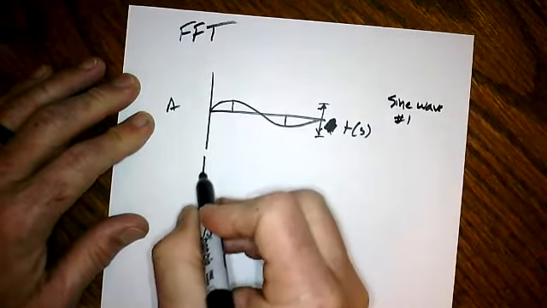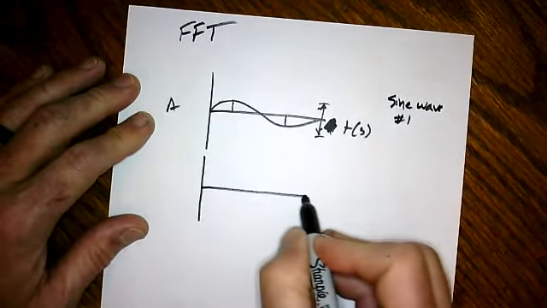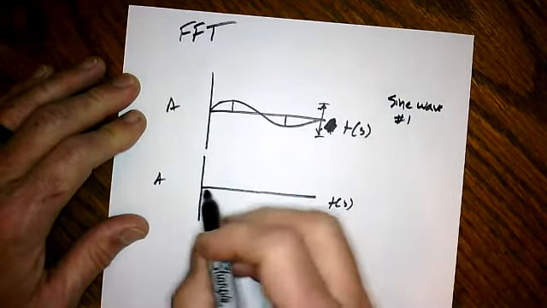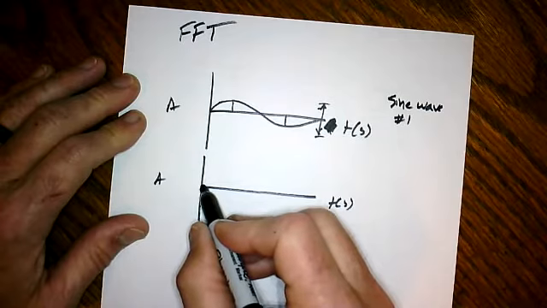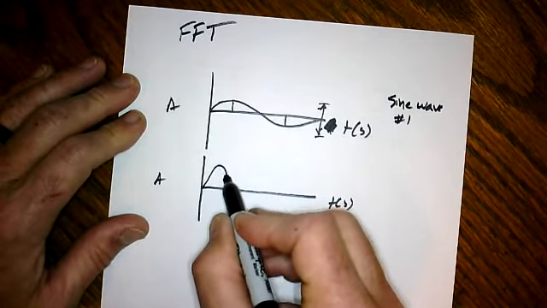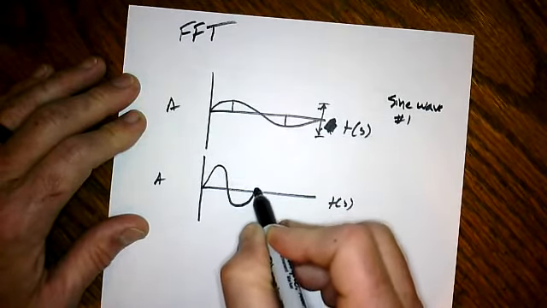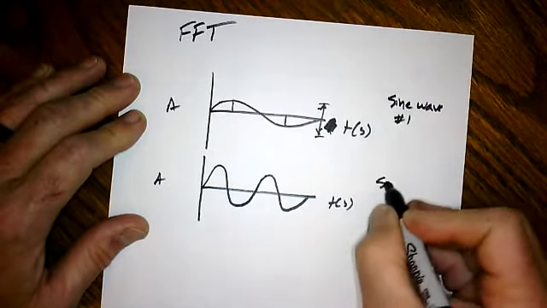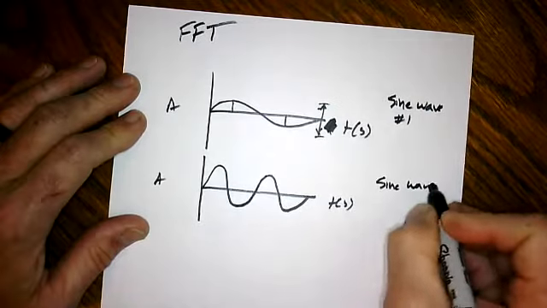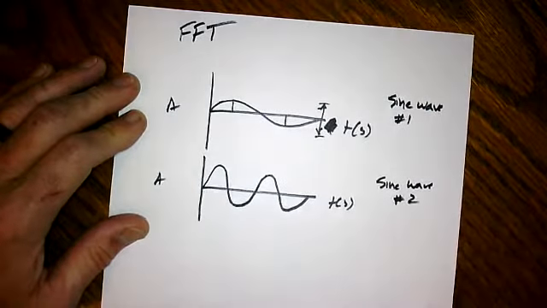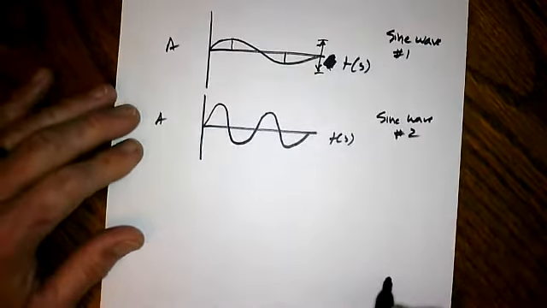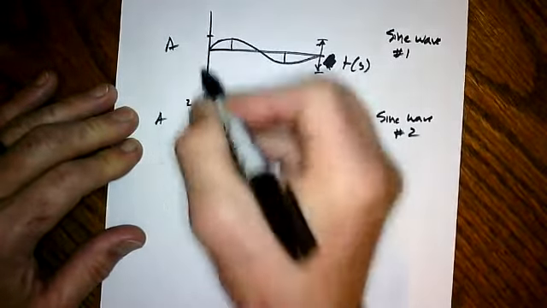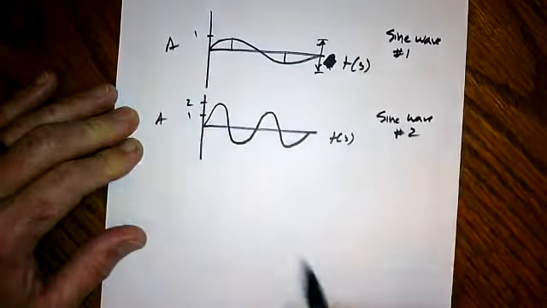Well, let's say I have another sine wave below that. Now I'm going to do these in the same time column or same time axis here. And maybe I have a sine wave like that. So this is sine wave number 2. And you can see this amplitude, I'm going to make this a 2, I'm going to make this a 1, just so we can see it.